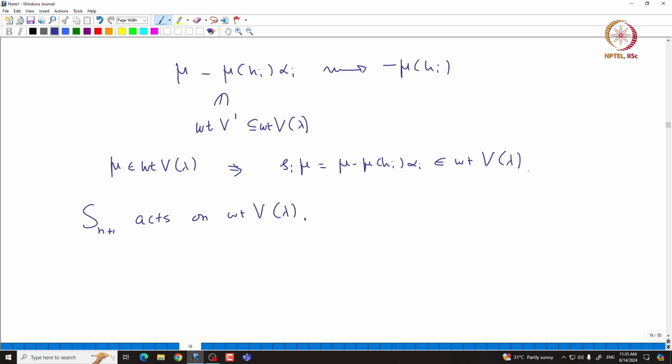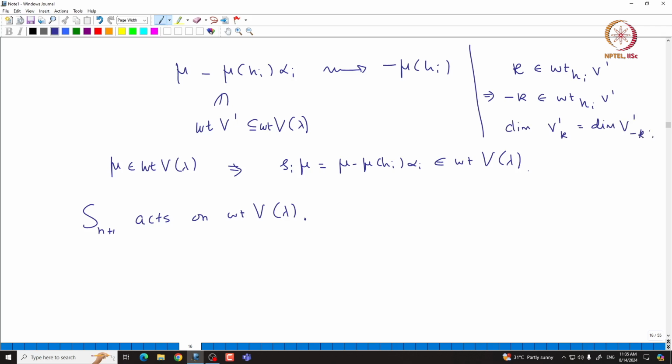Not only that, again using SL2 representation theory, we observe that whenever you have k as a weight of this V dash, then minus k is going to be a weight of this V dash. Not only that, the dimension of V dash k is the same as the dimension of V dash minus k.